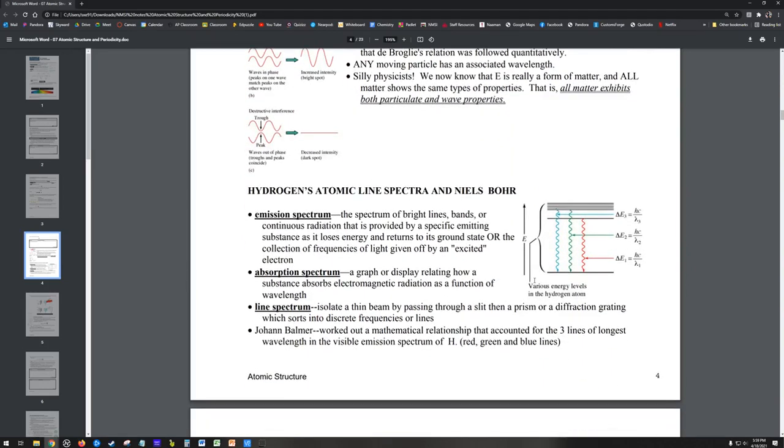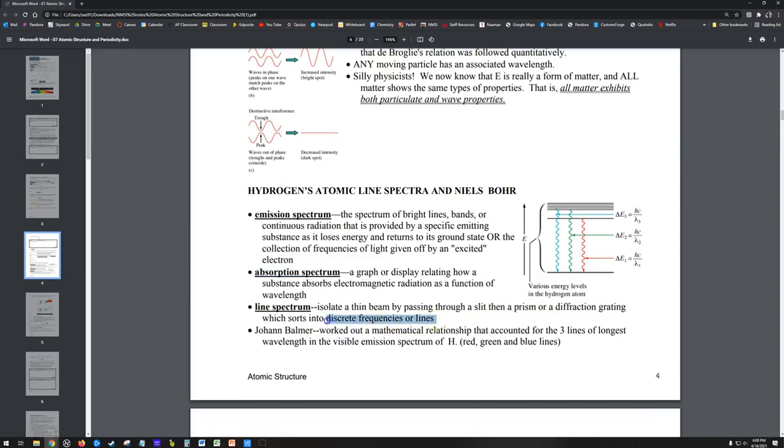Okay, Niels Bohr studied the way that light interacts with atoms, and he realized that different atoms produce different light signatures. These are called absorption spectrums. This is a graph that shows how much energy is associated with a substance absorbing light. All right, and a line spectrum is an isolated thin beam made by passing light through a slit, then a prism or a diffraction grating, which sorts it into discrete frequencies.